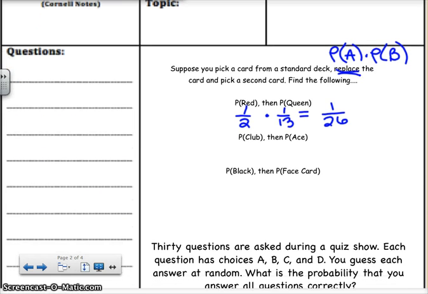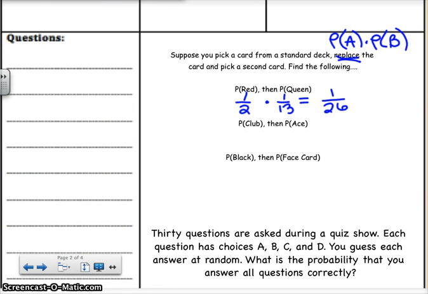Probability of drawing a club, then an ace. A club, what's a club? What's the probability? It's a fourth of the deck, so there's 13 out of 52. That's 1/4. Yes, because 13/52 is 1/4.